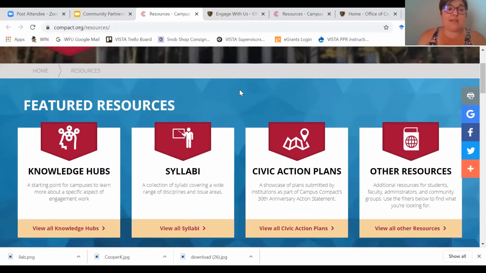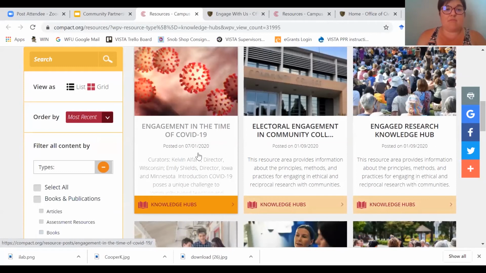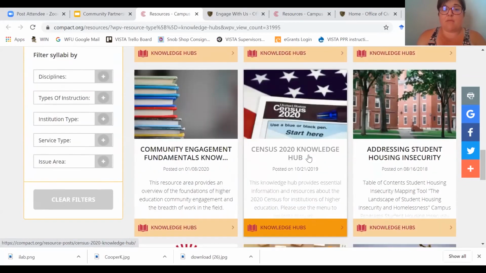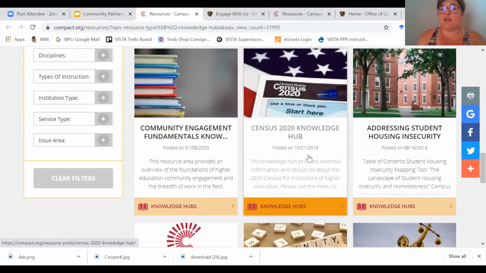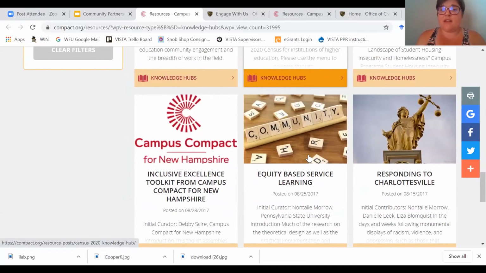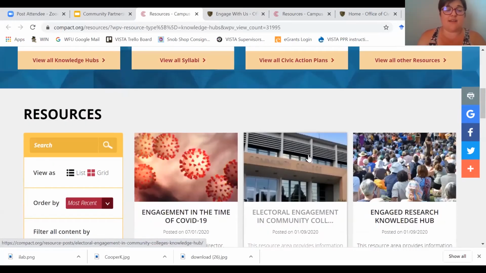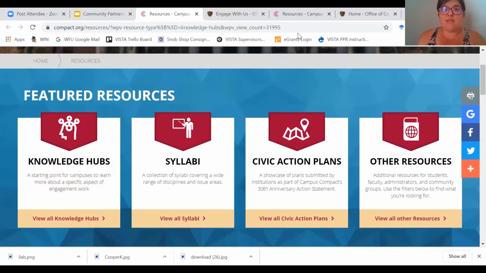In this resource tab, there are knowledge hubs for different types of knowledge. You can see all of these topics that are largely faculty led, but have balance between faculty, community partner, and staff leadership, and just folks wanting to think about particular topics with colleagues from across the country.